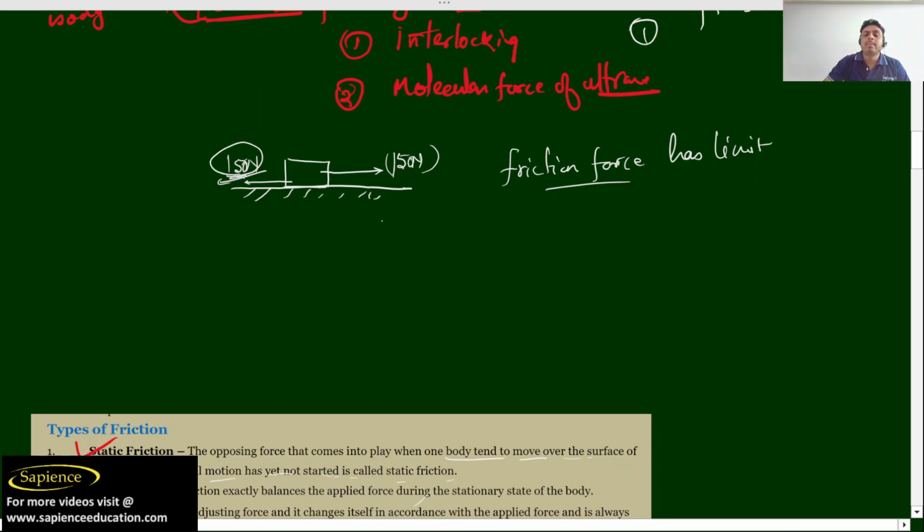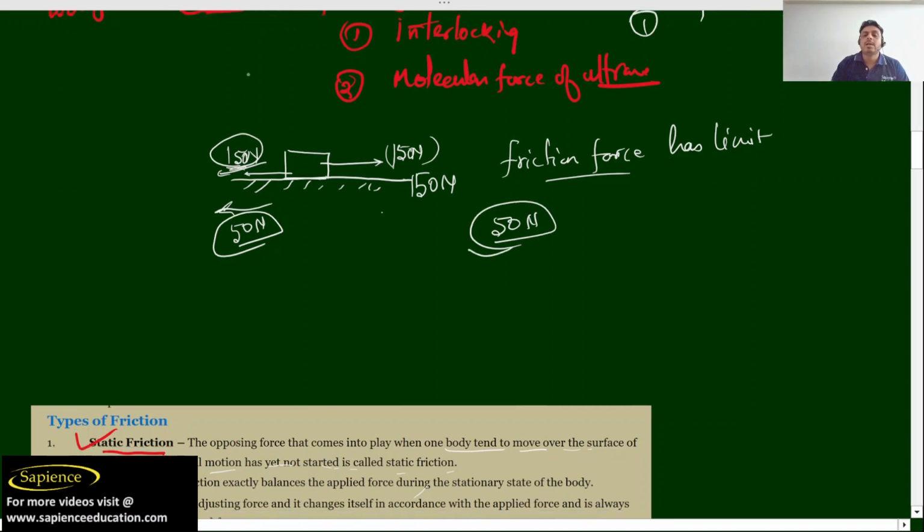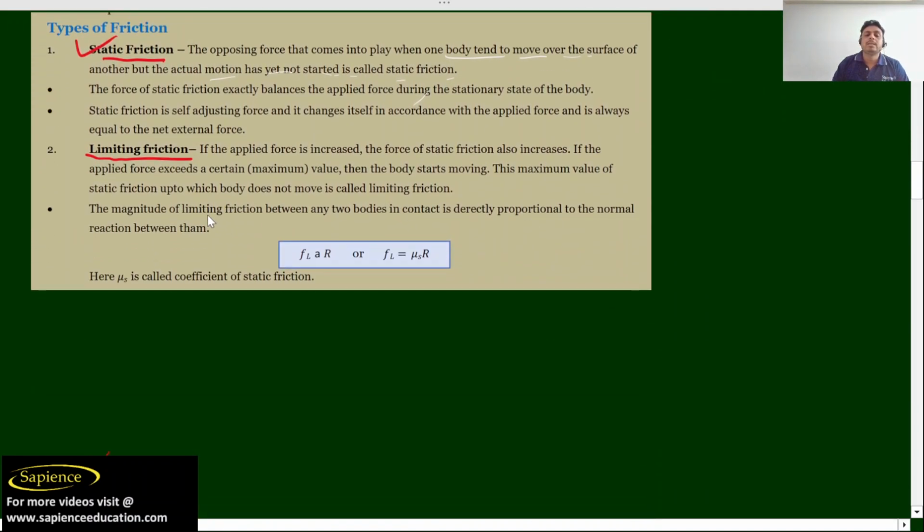And when I make this force 150 Newton, the frictional force applied is only 50 Newton, because it has the capability of applying only 50 Newton of force, and this 50 Newton force is known as limiting friction.